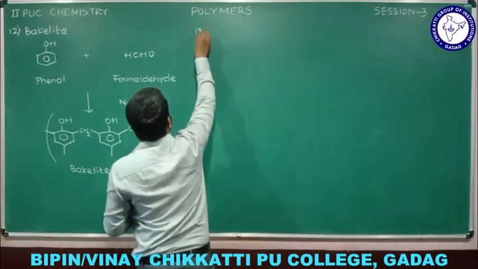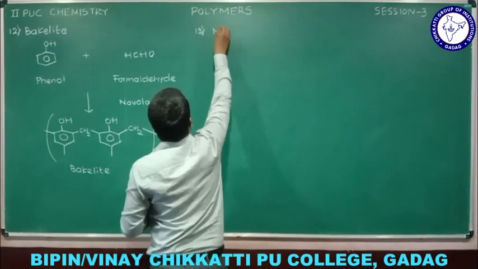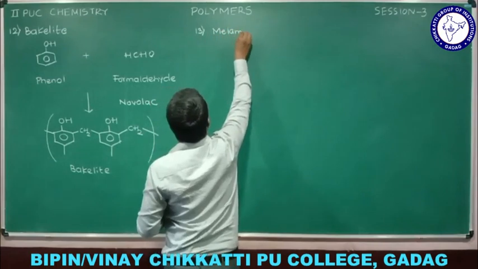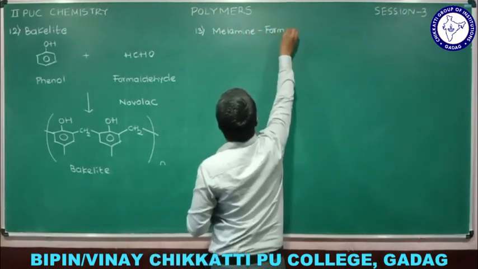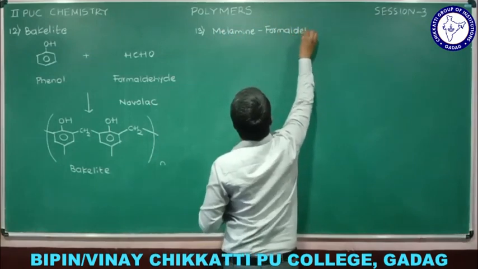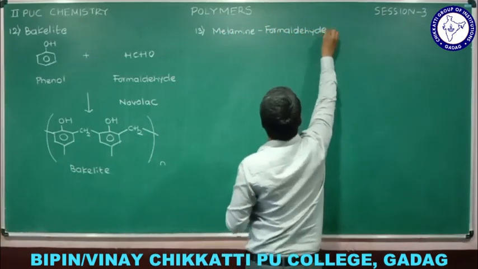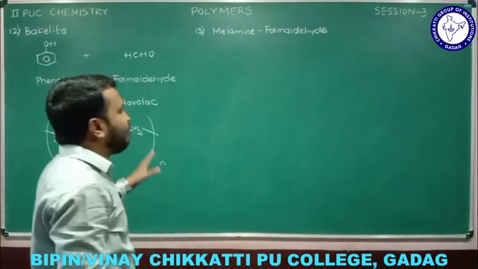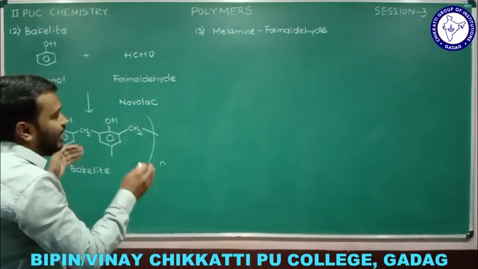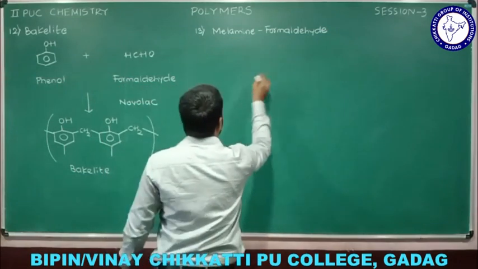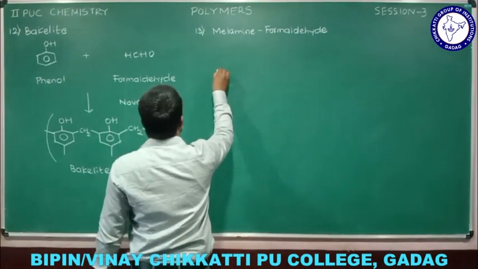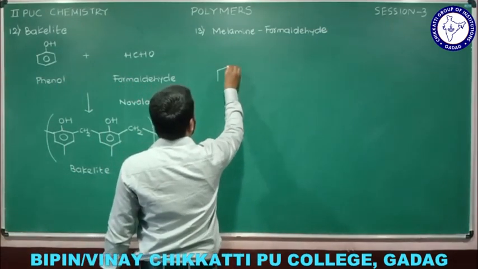Next one is 13, melamine formaldehyde polymer. So we'll see now the melamine formaldehyde polymer and how it is formed. First I am going to draw the structure of melamine.